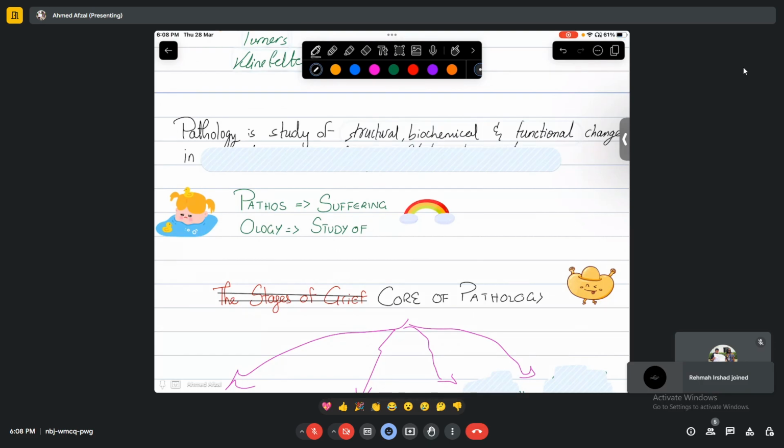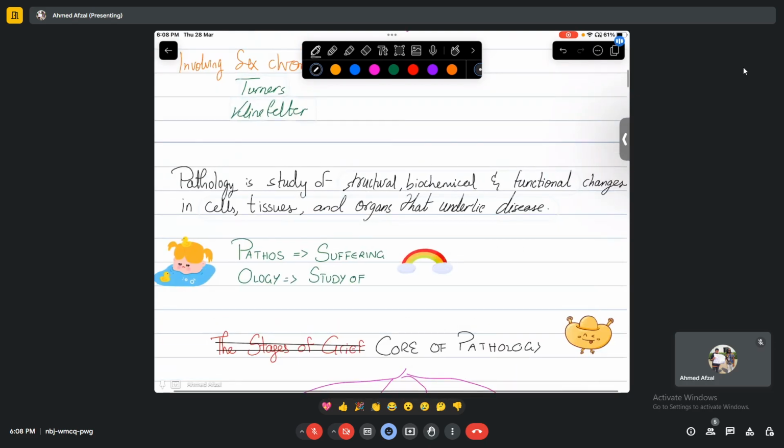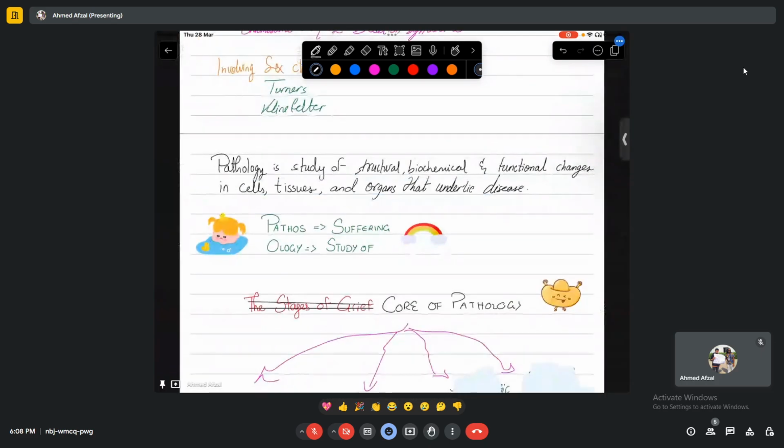They underlie disease. All right. So I'll repeat the definition. Pathology is the study of structural, biochemical, and functional changes in cells, tissues, and organs that underlie disease.